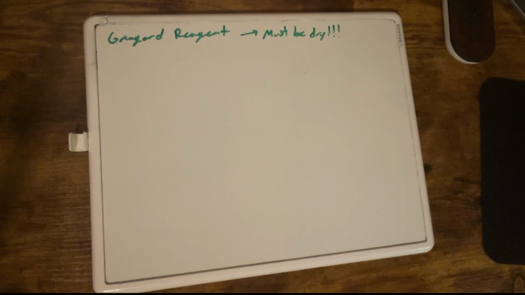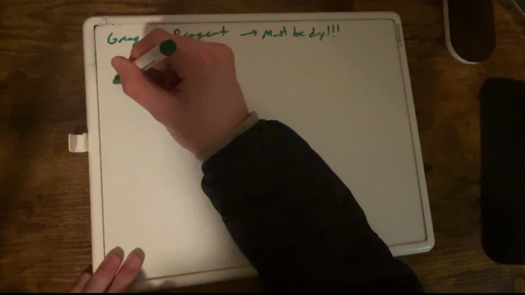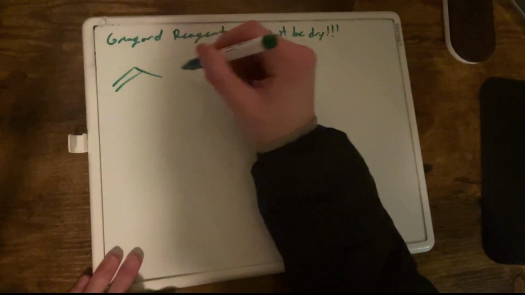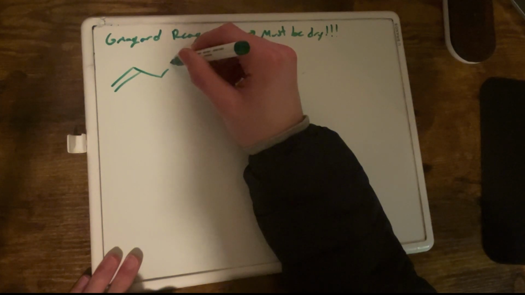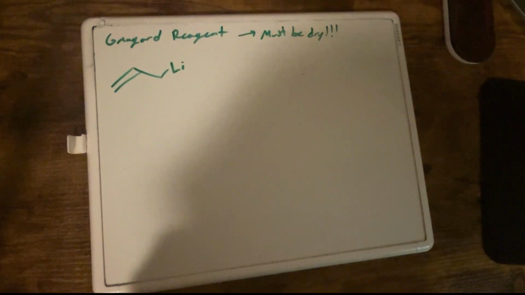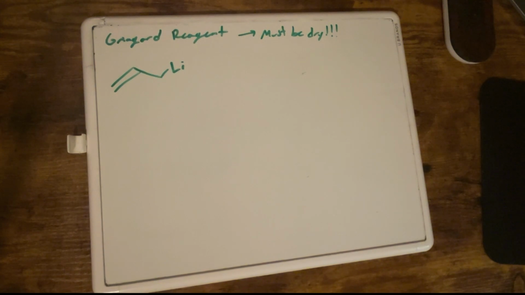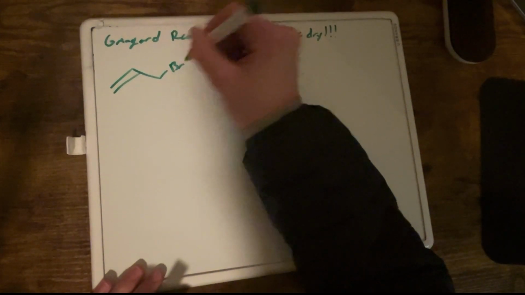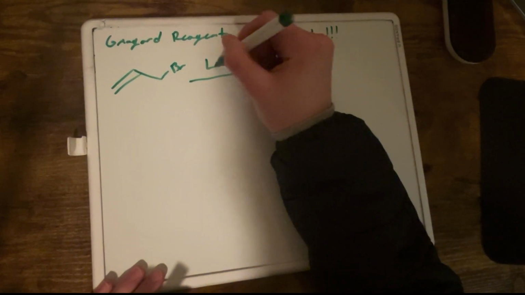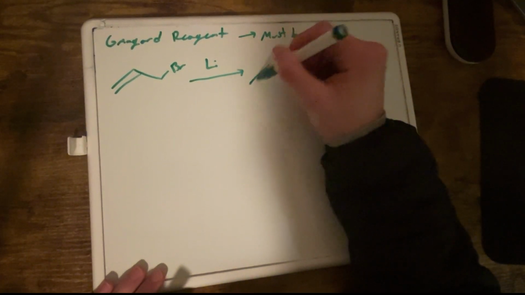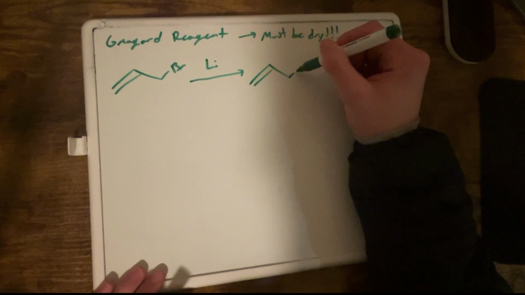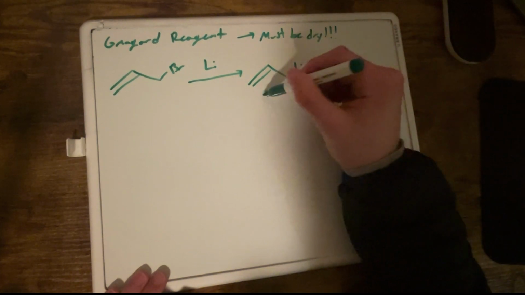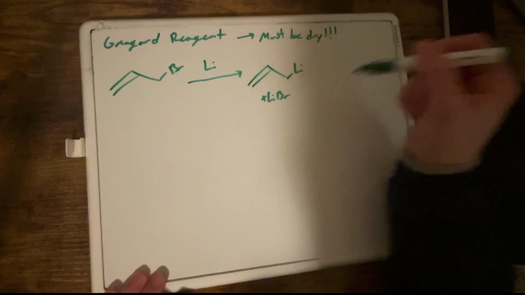So, for example, let's say we start with a propene connected to a bromine, and we react that with lithium to give us that right there. And now if we react this, don't forget this counter ion.